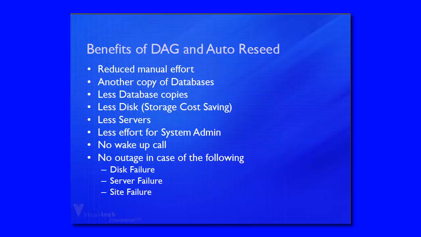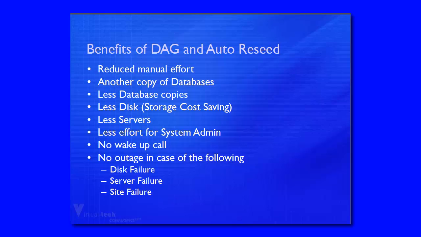Benefits of DAG and auto-reseed. Reduce manual effort. We have another copy of the database, so all the emails are in another database. Fewer database copies. Now with DAG and auto-reseed, we can have fewer copies of the database. In one of my projects, I've seen we had 48 databases, and all of them had 6 copies across 12 servers.